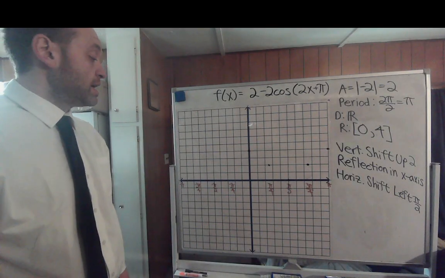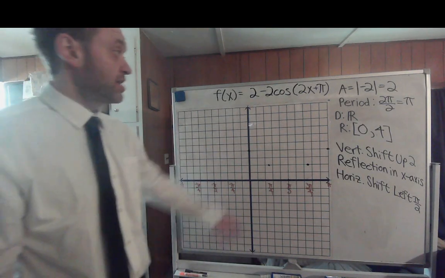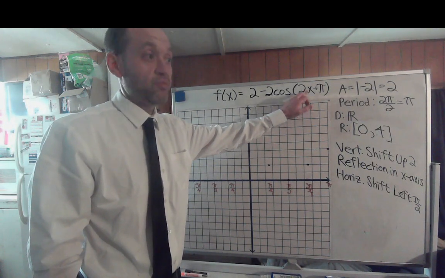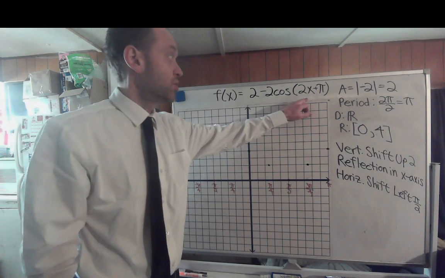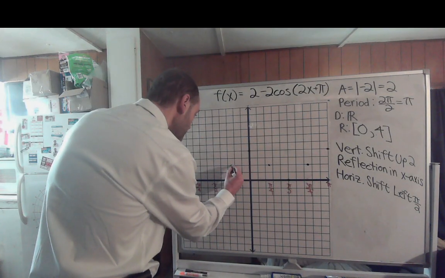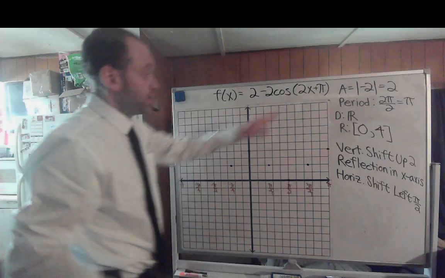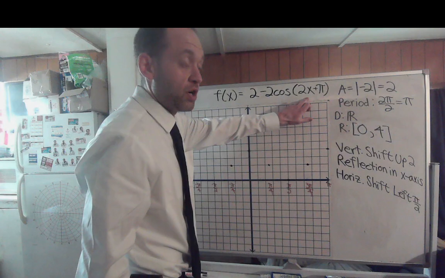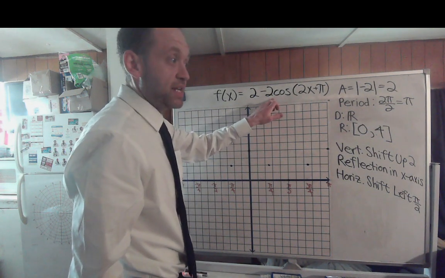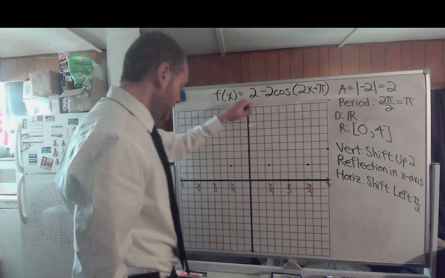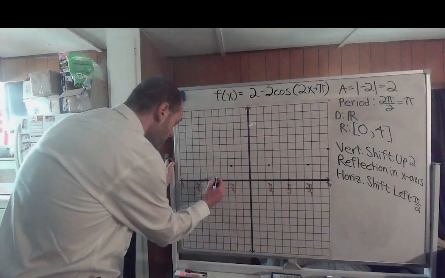So -pi over 4 would give me -pi over 2 plus pi. That would give me the cosine of pi over 2, which is 0, plus 2 is 2. If I put in -pi over 2, I'll end up getting -pi plus pi, that's 0. Cosine of 0 is 1 times -2 is -2 plus 2 is going to be 0.